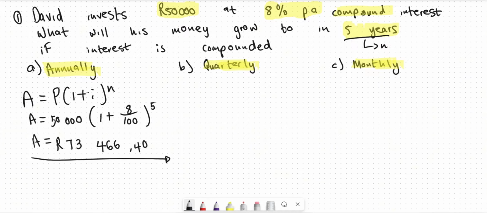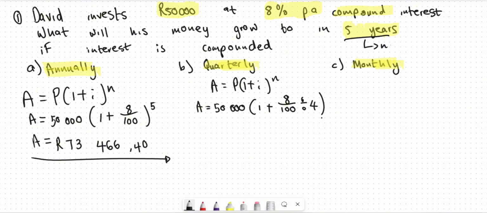But then how will this formula change slightly if you are doing quarterly? Yes, we're still having 1 plus I to the power of n. But since this is compounded quarterly, still the same 50,000 is being invested, but now we have 8 over 100 divided by 4.